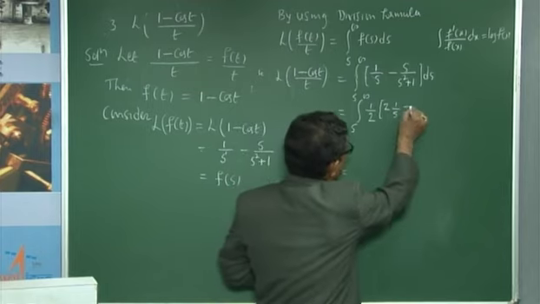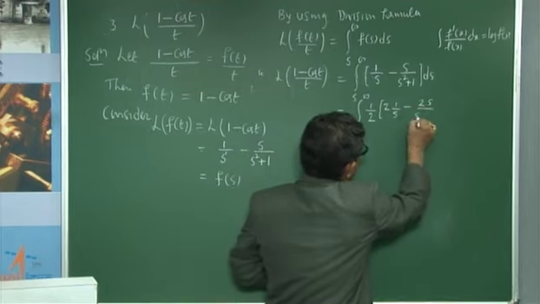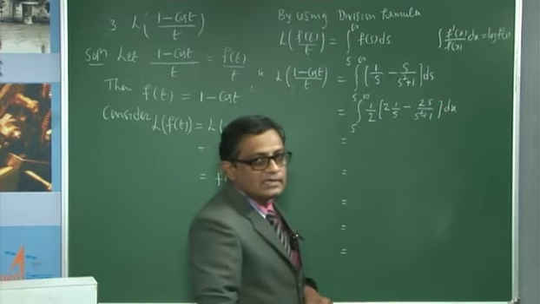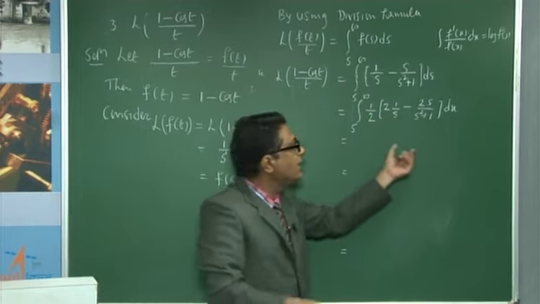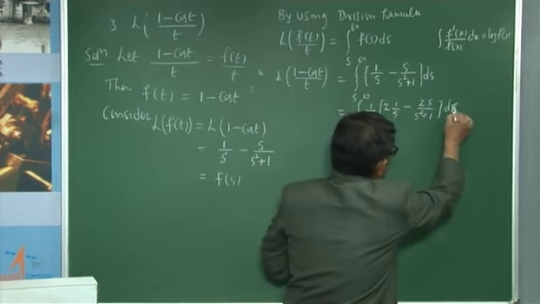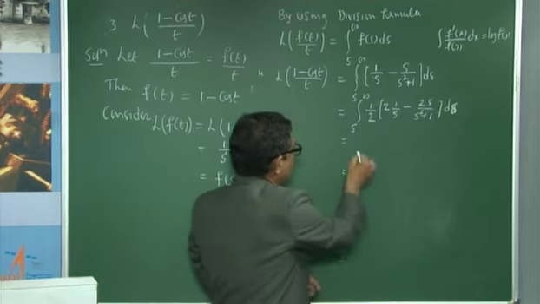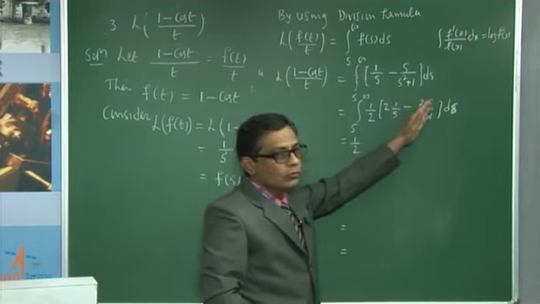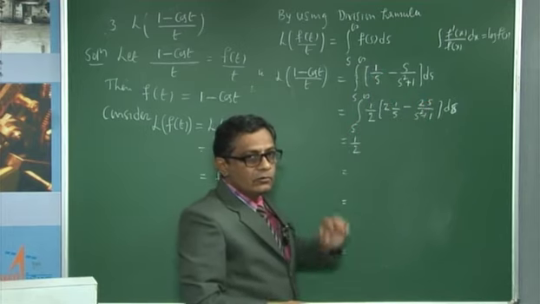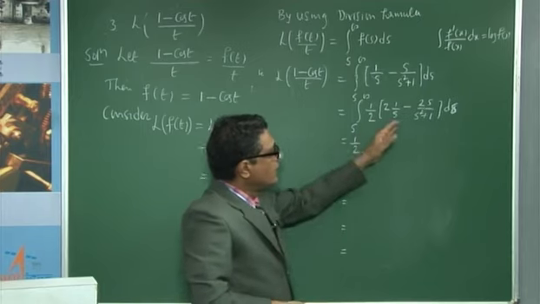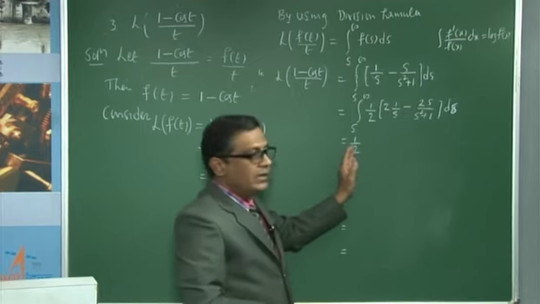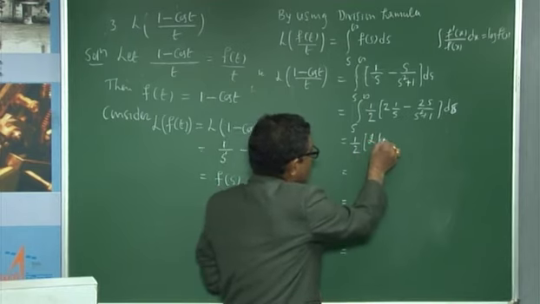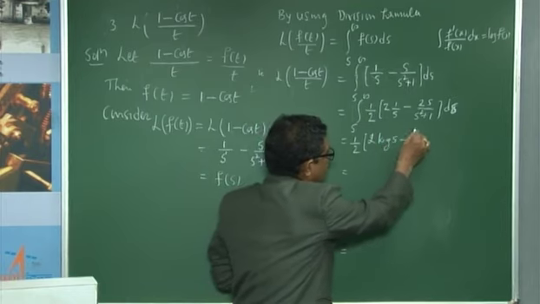Similarly, the second term is minus 2s by s square plus 1 into ds. Now, easily we can integrate with respect to s. Now, 1 by 2 is constant.